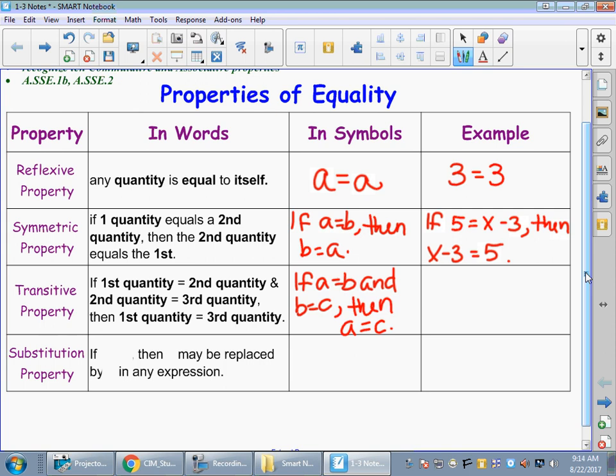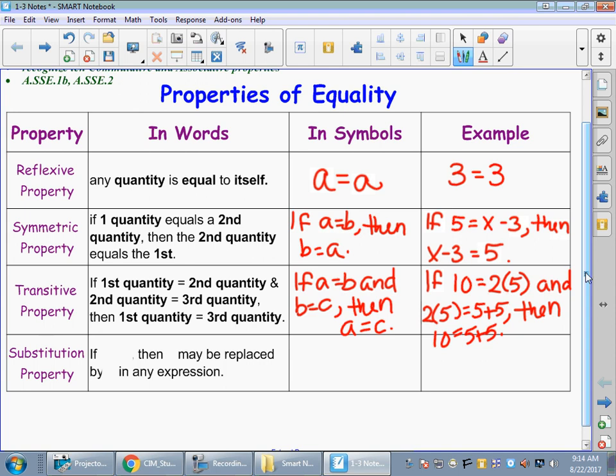It's the long one. So this is something I do here, and it might make sense. If 10 is equal to 2 times 5, and 2 times 5 is equal to 5 plus 5, then we can say that 10 is equal to 5 plus 5.